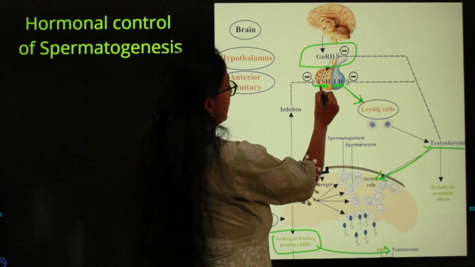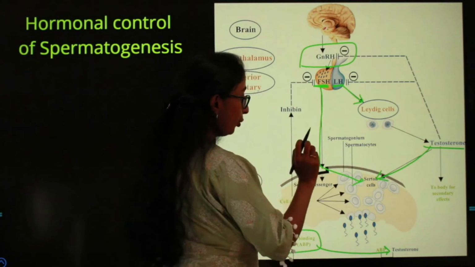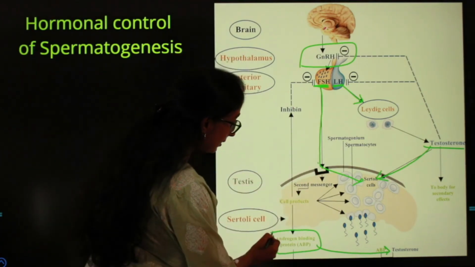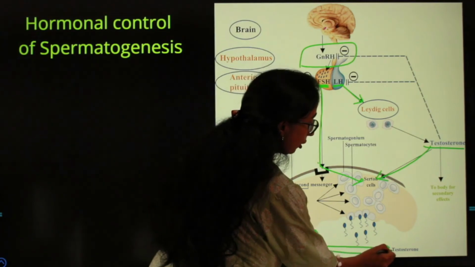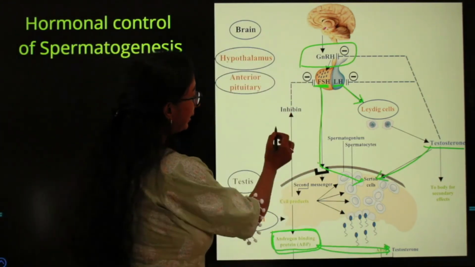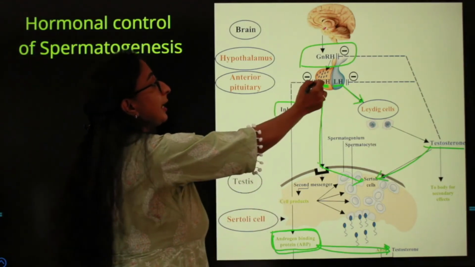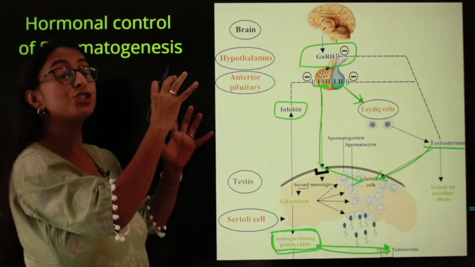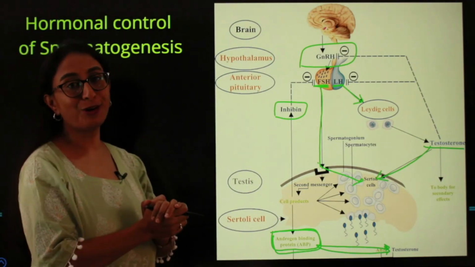Further, the follicle stimulating hormone also acts on the Sertoli cells to produce two components. One is the antigen binding protein, which maintains the level of testosterone in the seminiferous tubules, and the other is a protein called inhibin, which stops the further production of follicle stimulating hormone.